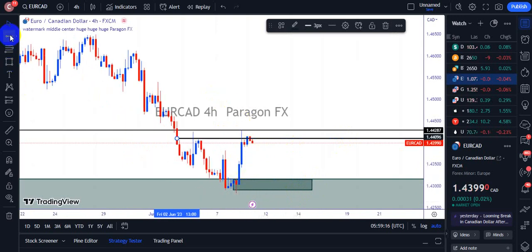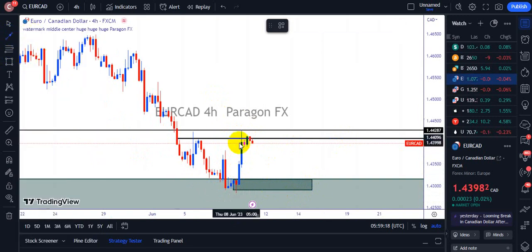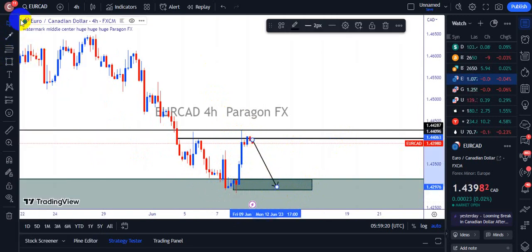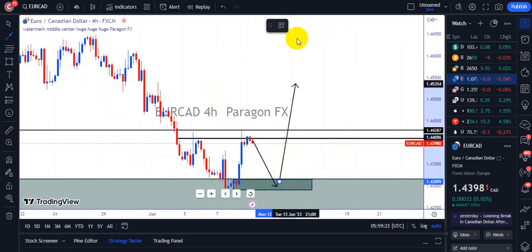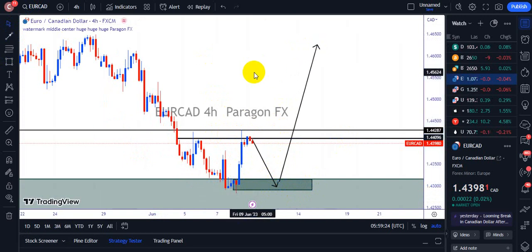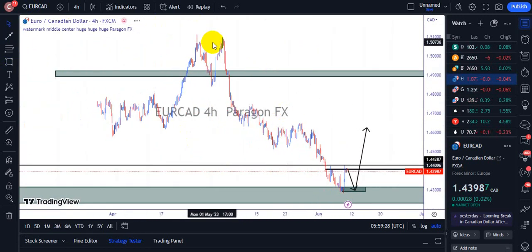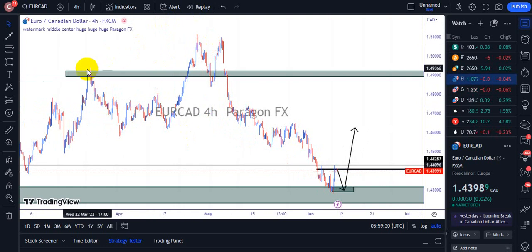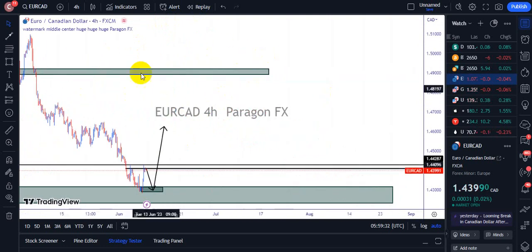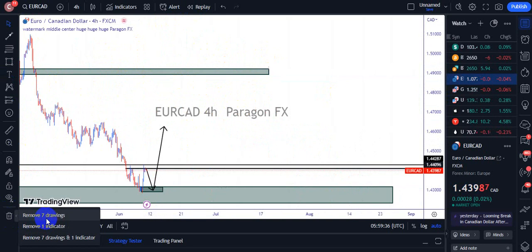Market come this area and then go up because a lot of liquidity is present above this area, and this zone should trade according to the rules.